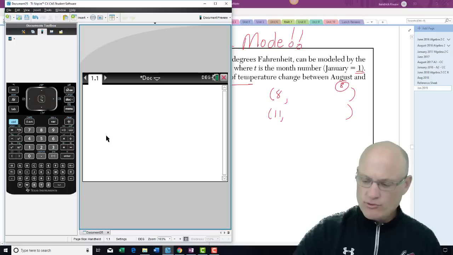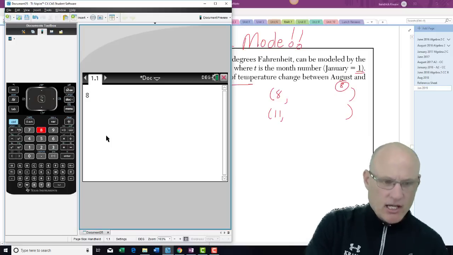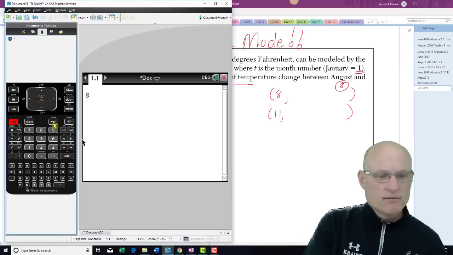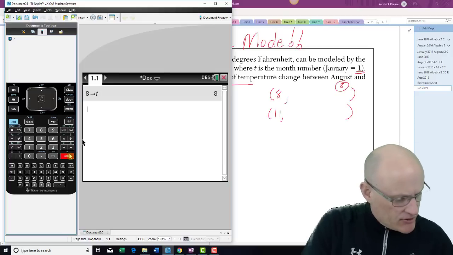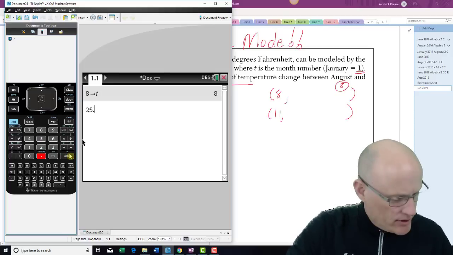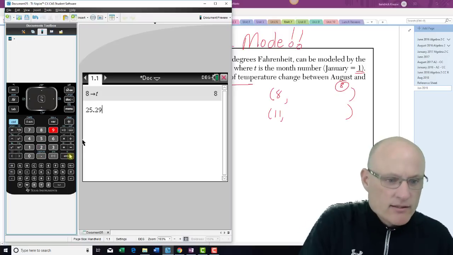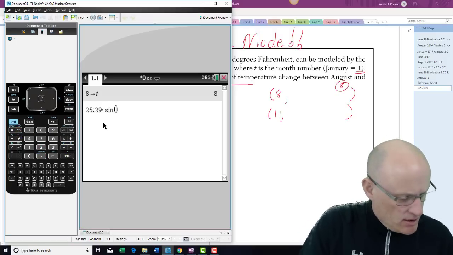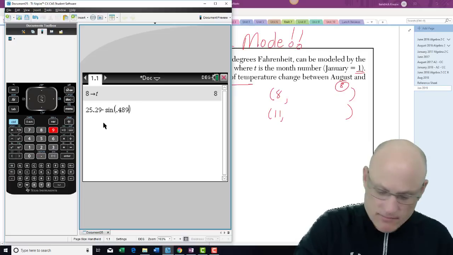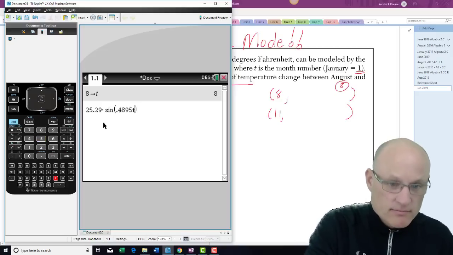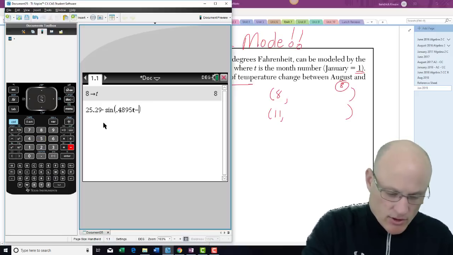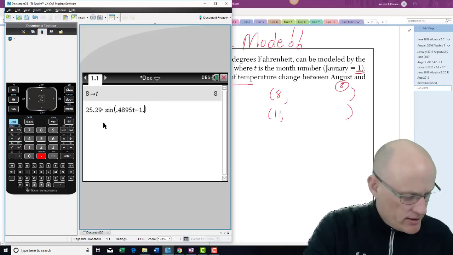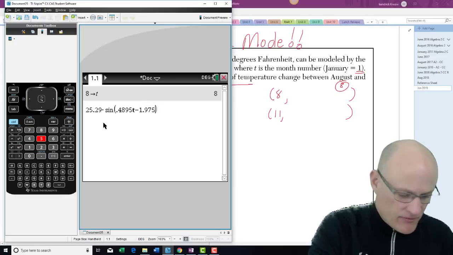So I'm going to do 8, and I'm going to store that into t. And I'm going to type this sucker, and I got to look down, sorry, 25.29 times the sine of 0.4895 t minus 1.9752.